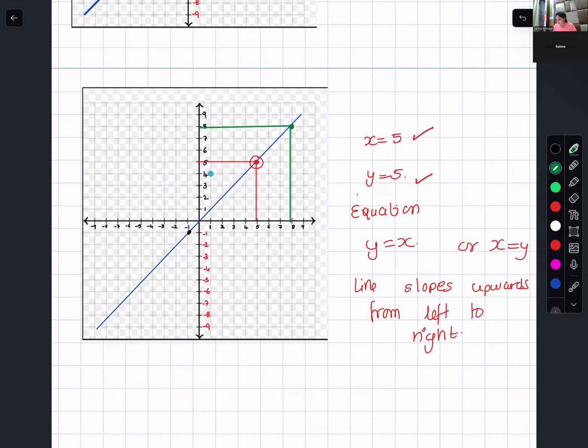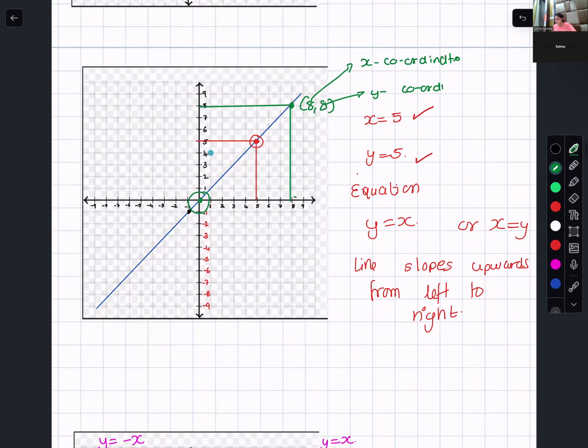So here is the point 8, 8. Here this will be the x coordinate and this will be the y coordinate, and the x coordinate will always be equal to the y coordinate, but the condition is that it should pass through the origin.